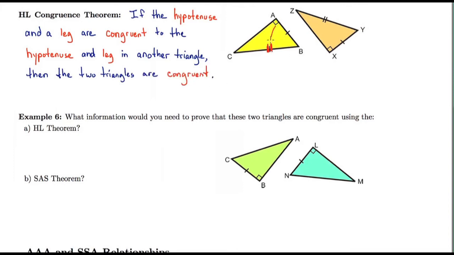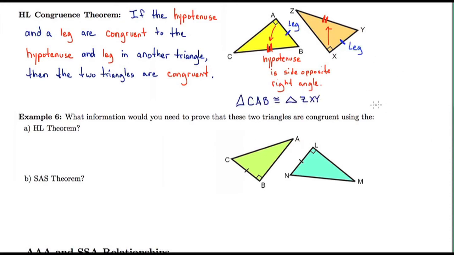So in order to have a hypotenuse, you need to have a right angle. A hypotenuse is the side opposite the right angle in the triangle. And the leg is always next to the right angle. So that's it. Triangle CAB is congruent to triangle ZXY, in this case because of the HL congruence theorem.